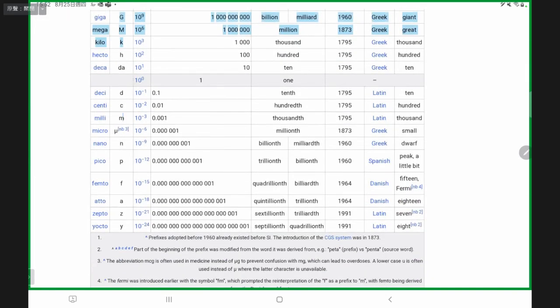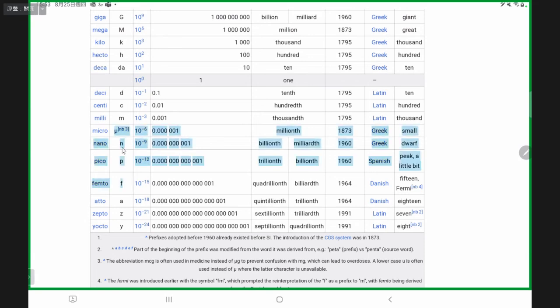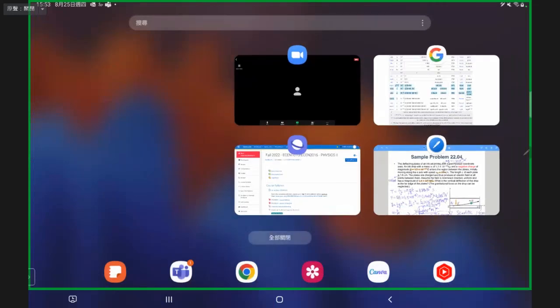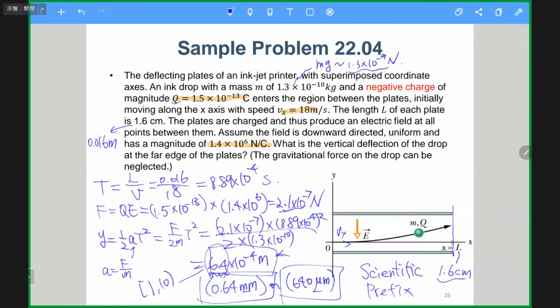But for the smaller ones, I suppose you know milli, as in milliliter, ml, or millimeter. And then micro is for 10 to the minus 6, nano for 10 to the minus 9, pico, and then femto. I think you need to remember these: milli, micro, nano, pico, and femto.